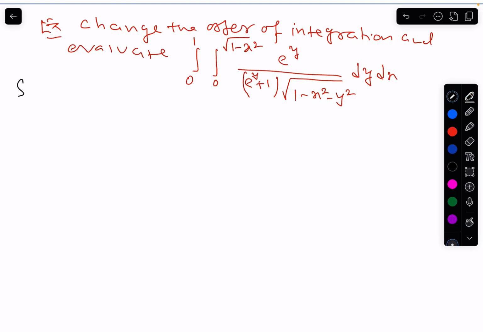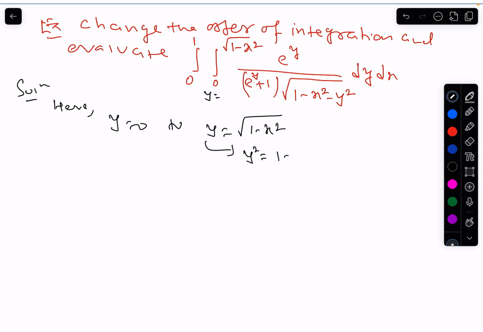Now here the limit of this is for y. So y equal to 0 to y equal to root 1 minus x square, and this is y square equal to 1 minus x square, or you can say x square plus y square equal to 1, which is a unit circle, and x equal to 0 to x equal to 1.